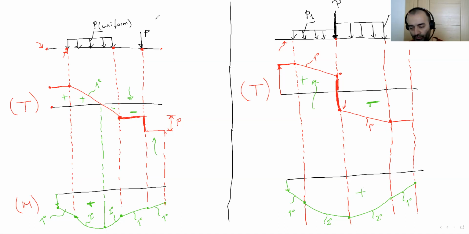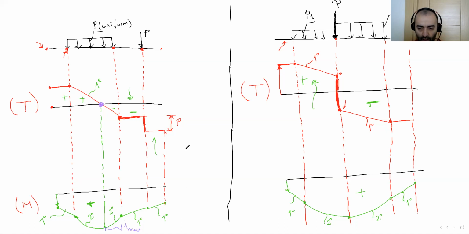By the way, I must remember something here for both of these examples. Let me change the color, for example, to the purple. In the first example here, when the shear force goes to 0, this point is M max.